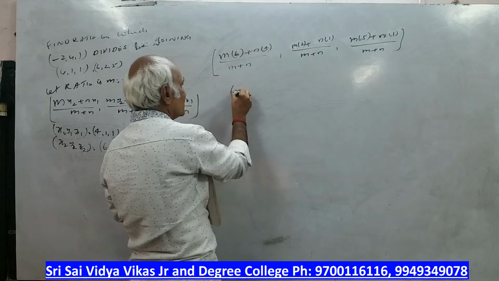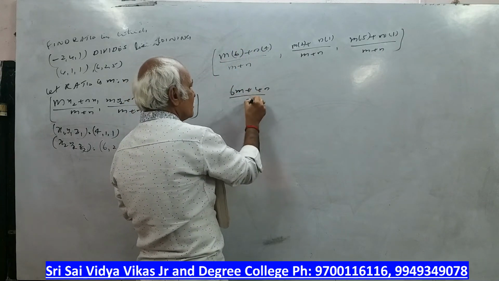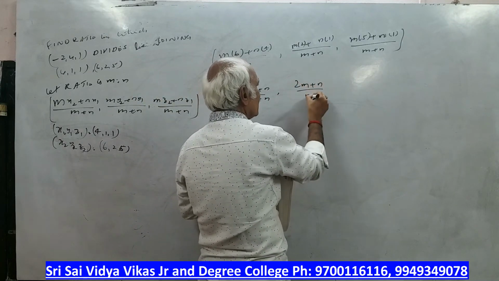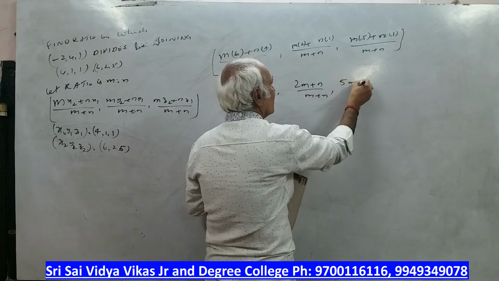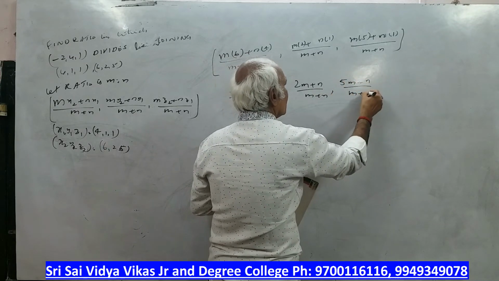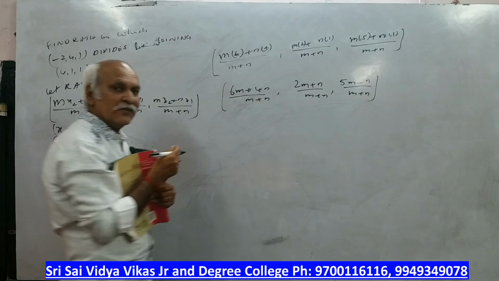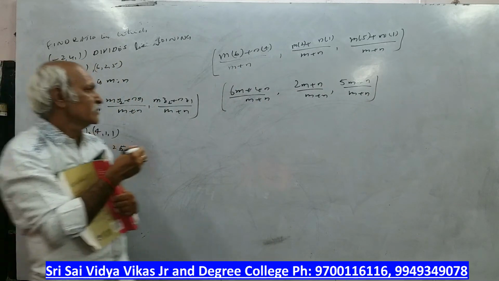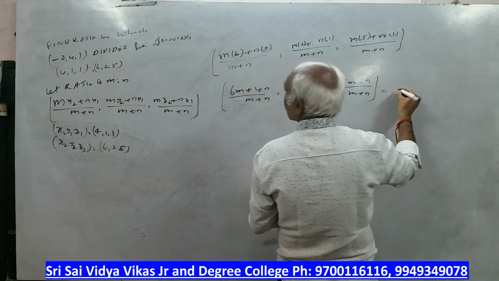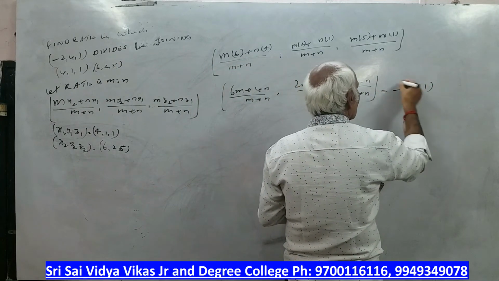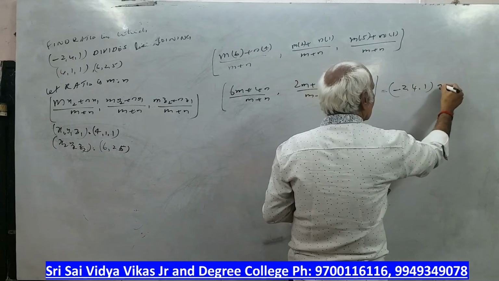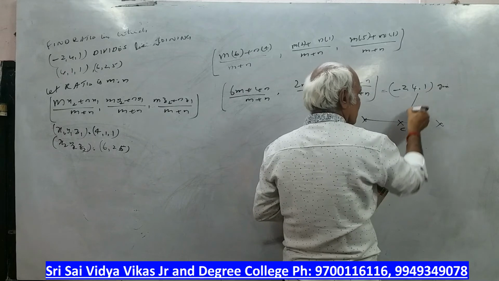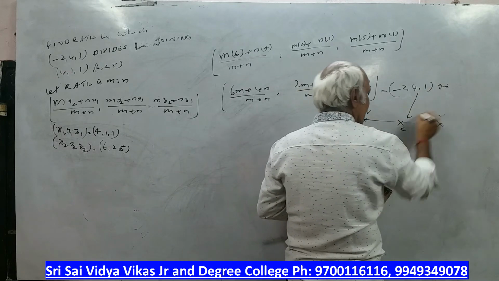Now this will come as (6m plus 4n) by (m plus n) comma (2m plus n) by (m plus n), (5m plus n) by (m plus n). Now here he has not given any plane, he has not given x, y, y, z, z, x, but he has given the point. Now this should be equivalent to minus 2 comma 4 comma 1. This is given. Means what? There are two points and you are dividing by this point. These two are given points, sir, and we are putting C.